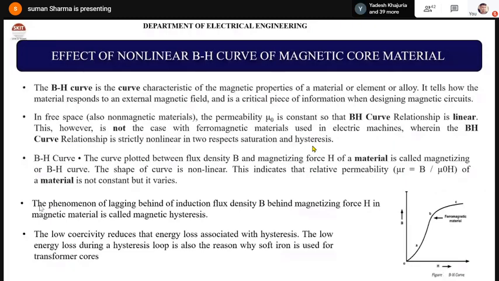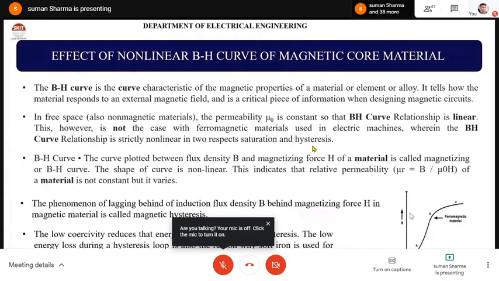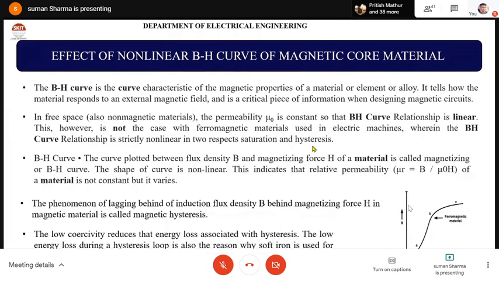Coercivity means coercive force. What is that? It is the value of H in the negative direction. That means you are decreasing H, and for a particular value of H in the opposite direction, your B will be 0. When you draw the complete loop, you obtain that when H is 0 at this point, B is not 0.